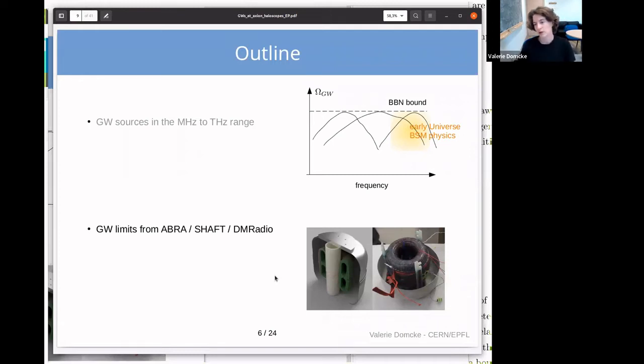And here, what I want to show you is how we used some existing experimental limits, as well as some prospected experimental limits from low mass axion haloscopes, in particular ABRACADABRA, SHAFT, and the dark matter radio proposal, and how we can basically recast these bounds into gravitational wave bounds. And then that will also give us some indication to think how you could possibly build a dedicated gravitational wave detector in this way.